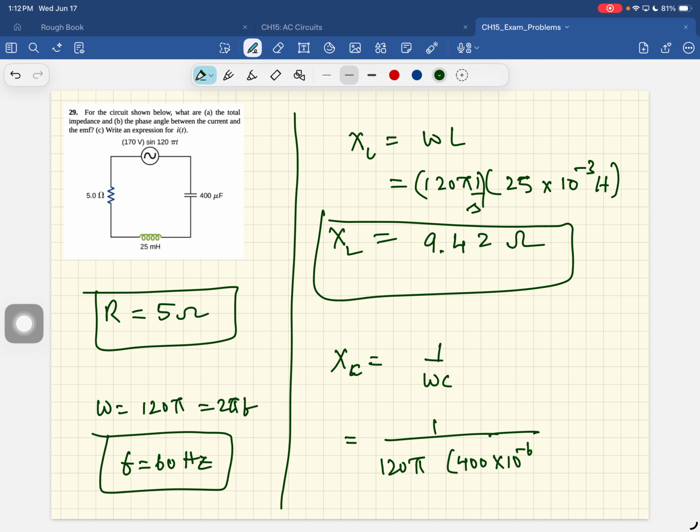So maybe this is a washing machine or something like that. That's the current amplitude. That's the current that a washing machine draws.